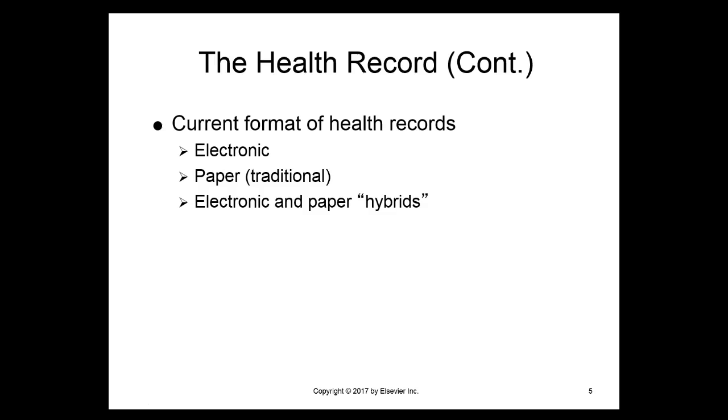And actually, you may have heard of pay for performance, and if the quality is not there, the payers, Medicare and Medicaid in particular, will financially penalize the providers if they don't have quality of care. So there's a huge switch to transition from paper to electronic, but there are some providers that still have paper records.